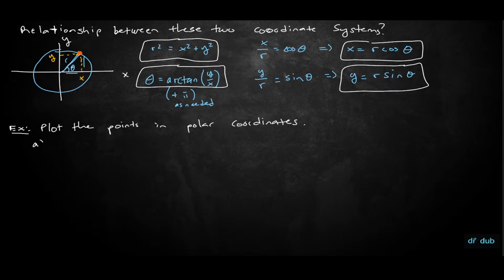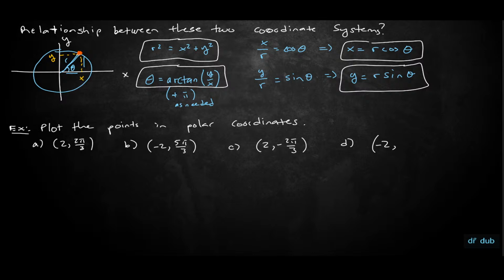So the first one is 2 comma 2 pi over 3. The second one is the point -2 comma 5 pi over 3. C, or the third one, is the point 2 comma -2 pi over 3. And then D, the last one, is the point -2 comma -2 pi over 3.